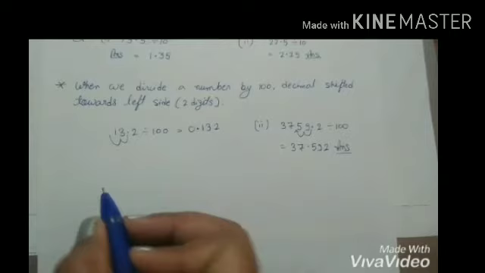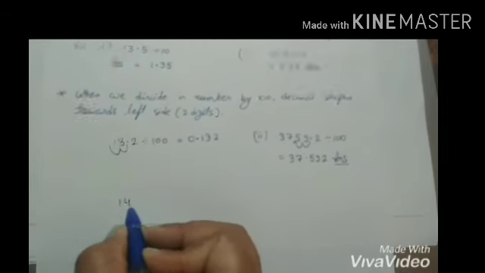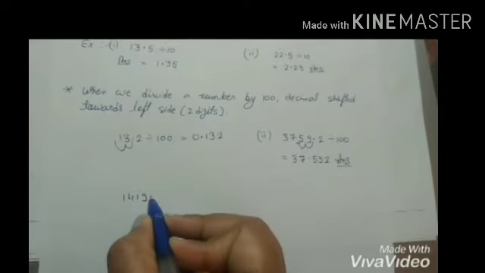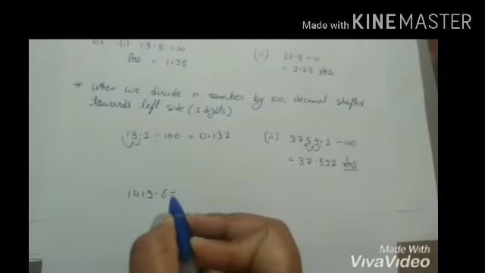Now let's take one more example for 1000. It is 1419.6 divided by 1000.